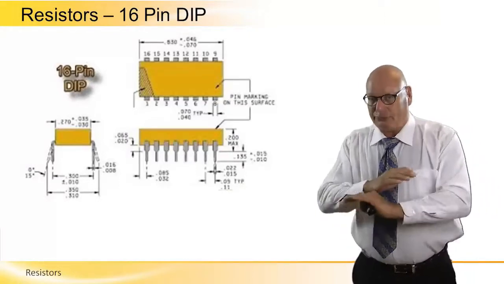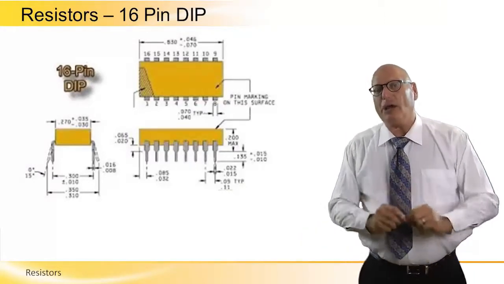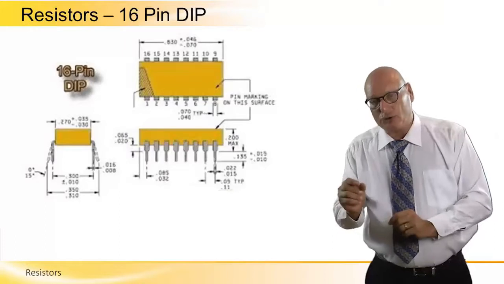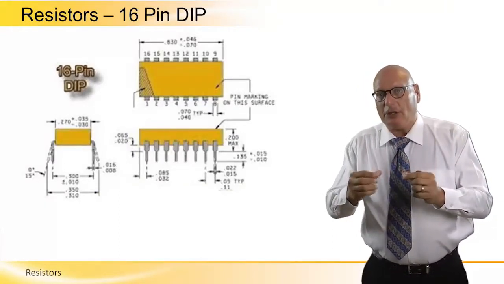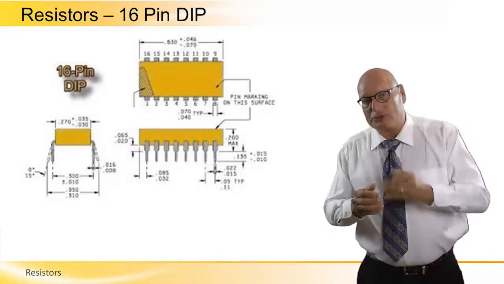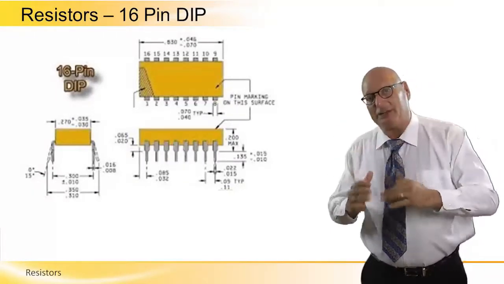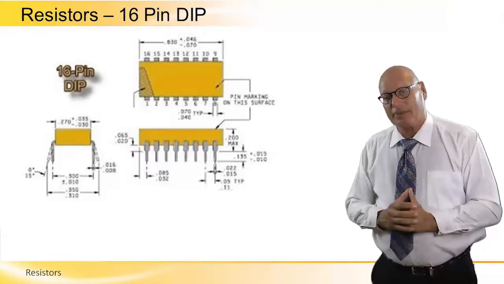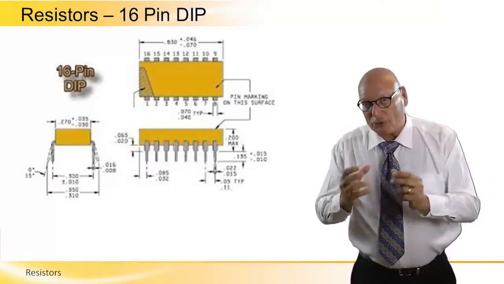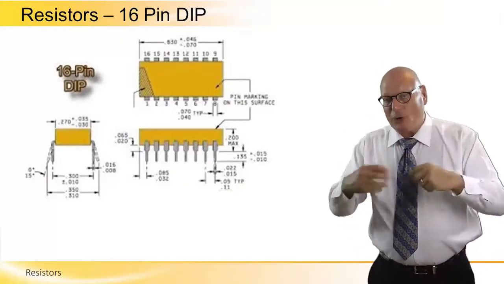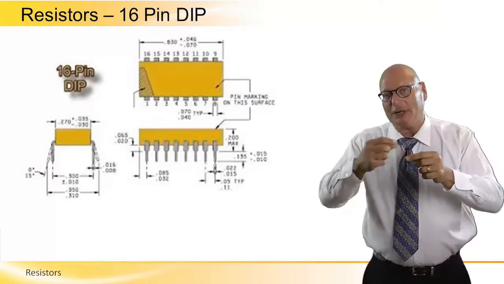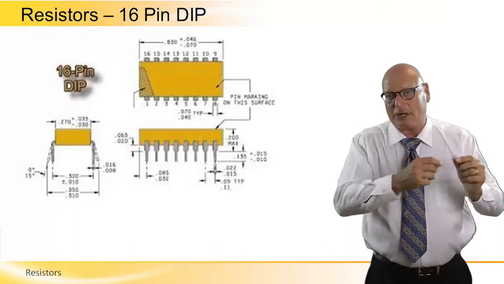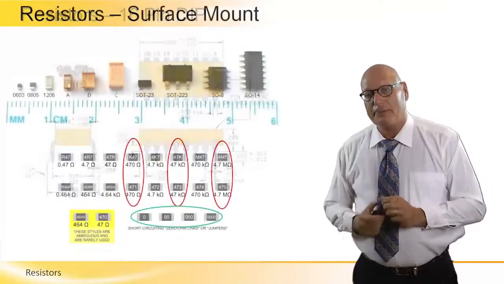Again, very low power, very high precision, low tolerance, but it's in one package, and we can use them for pull-up resistors, pull-down resistors. We'll talk about it later when we deal with circuits. I just wanted you to be aware of the idea of an array inside a DIP, dual inline package, just similar to integrated circuits.